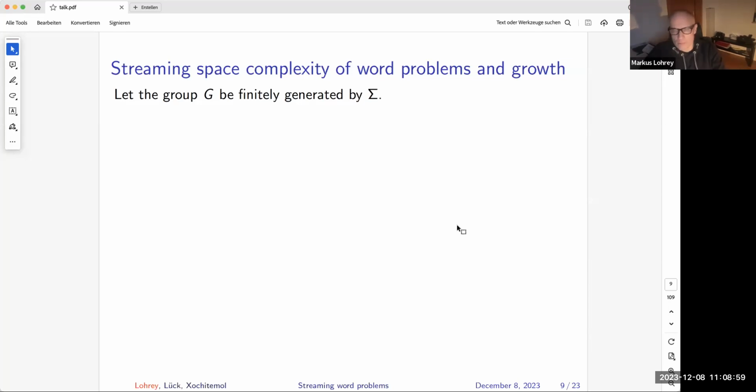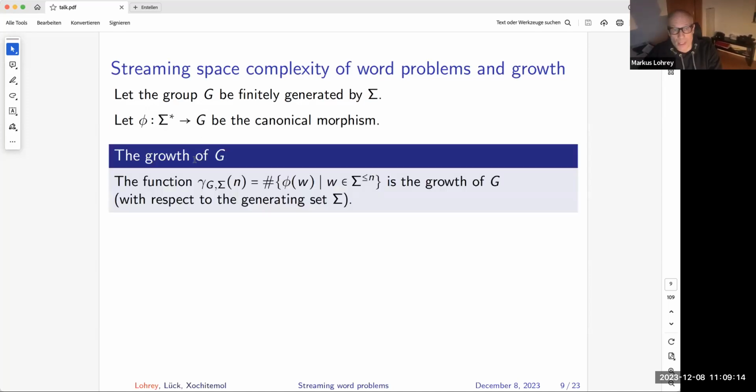So I guess you're all familiar with the growth function of a group. Again, take a group G with the finite generating set sigma. We have again this homomorphism mapping a word to the corresponding group element, and the growth function of G, I call it gamma. It depends on the group G and the generating set sigma.